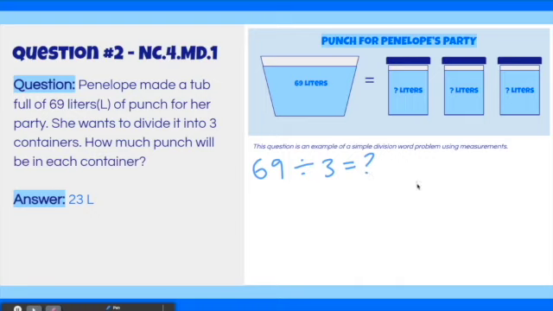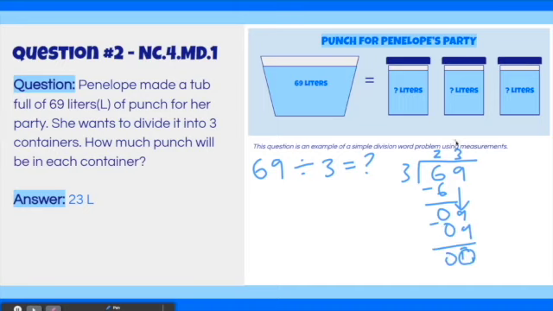So we're going to set up a long division problem. We divide 3 into 6 and get 2 with no remainder. Then bring the 9 down. 3 into 9 is 3 with, again, no remainder. So you subtract 9 and you're left with 0. The answer to this question is 23 liters.